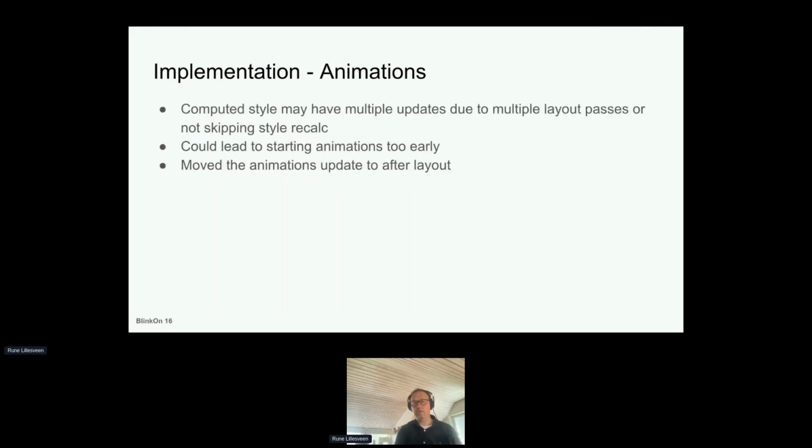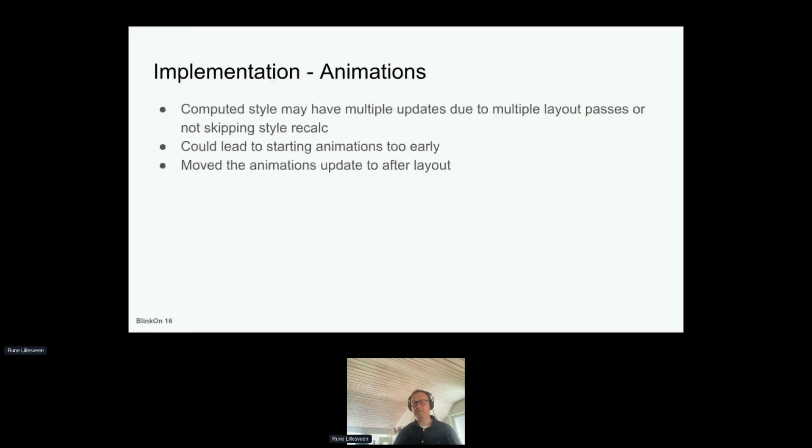Another thing that has taken quite a bit of time is animations. Since computed style can be updated for the same elements multiple times during a lifecycle update, the existing animations code would trigger animations sort of halfway through, which caused observable bugs.